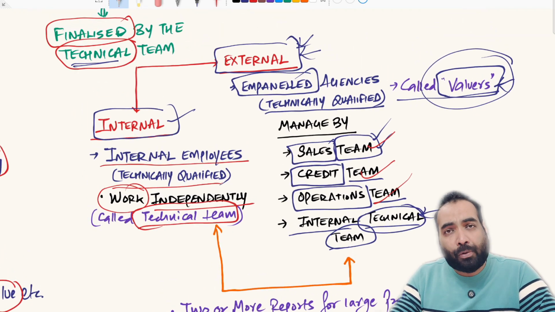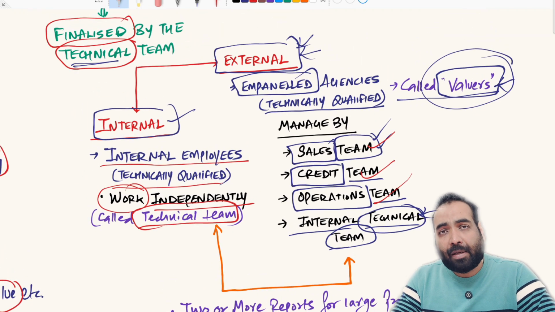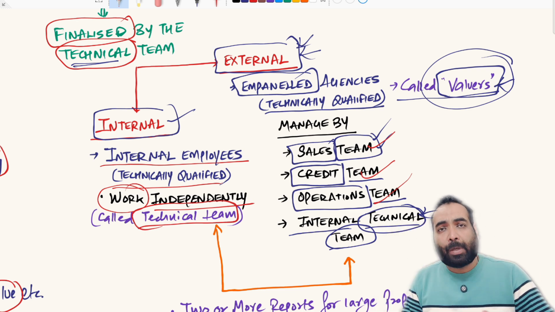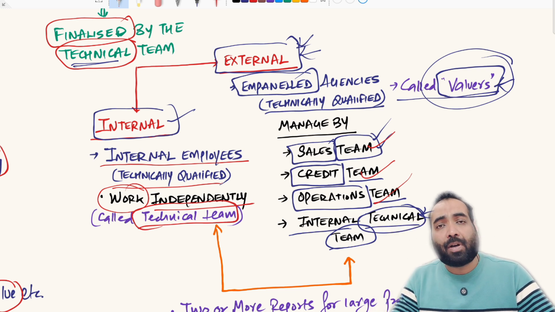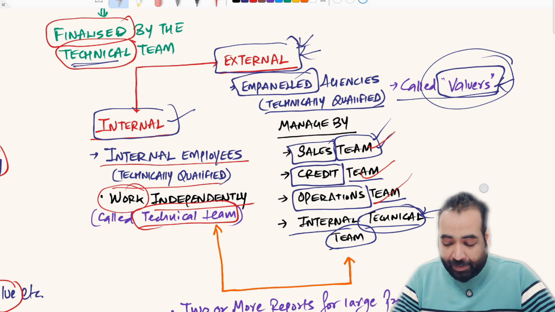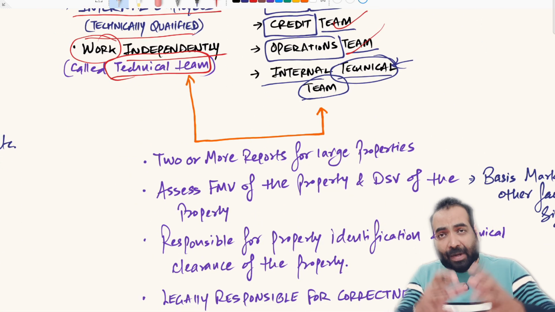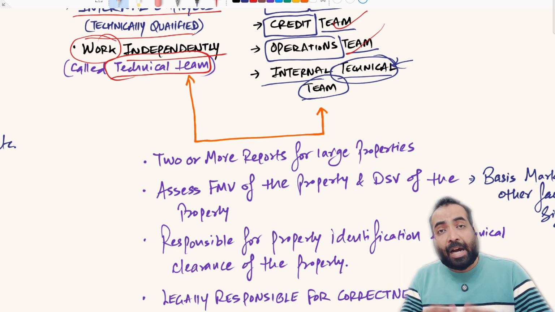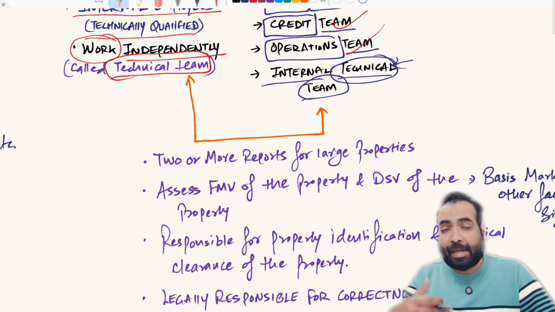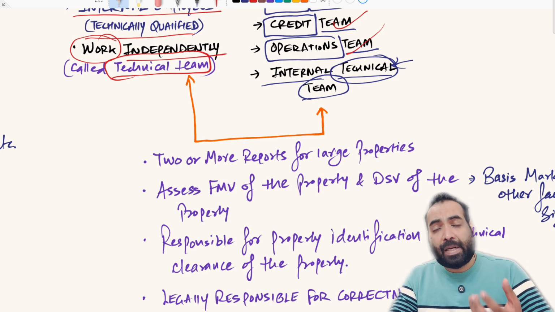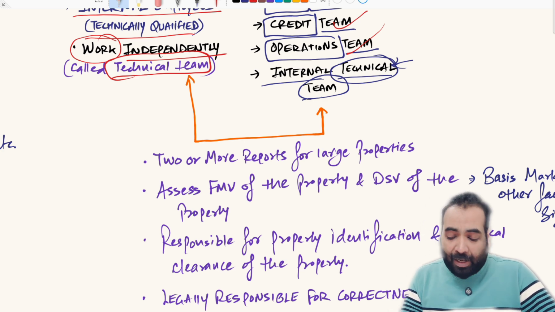So the valuer goes into the market, sees the property, measures the property direction and dimensions, assesses the property market value, and submits the full analysis report, which we call a valuation report, to the banks. Considering some properties are of large areas or higher value, say more than 10 crore or more than 20 crore, in these cases banks want to be doubly sure about the accuracy of the valuation.